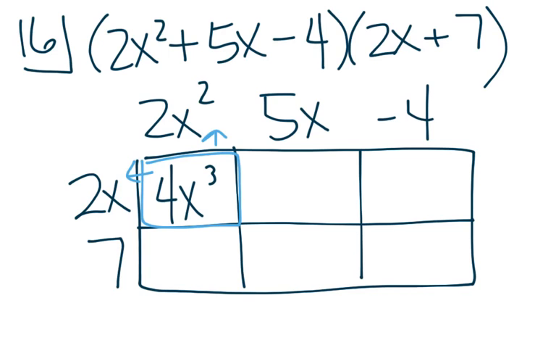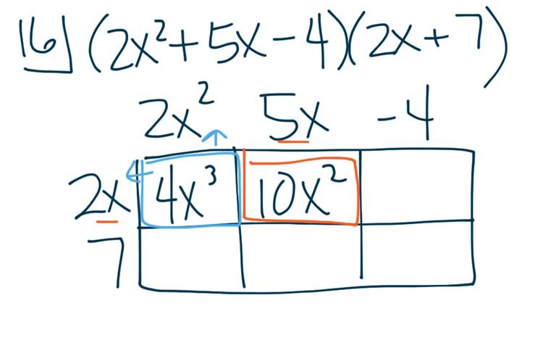In our second box, we are going to multiply 5x times 2x, and that is 10x squared. Okay, and in our third box, we are going to multiply the number on top, which is -4, and the number on the side, which is 2x, and -4 times 2 is -8, and we have an x.